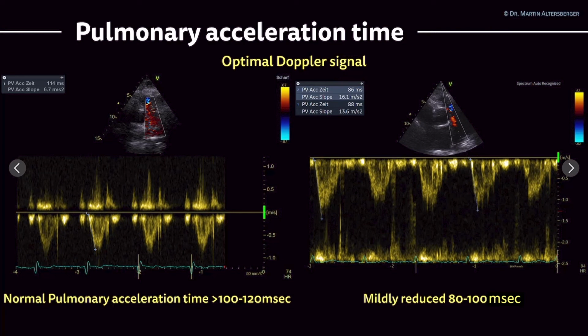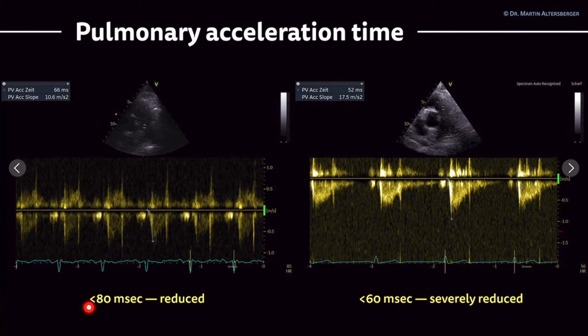What does this tell you? This gives you the information that pulmonary hypertension can be present. If it is more reduced, so below 80 milliseconds, it's definitely reduced. We see here 66 milliseconds, and here it is below 60 milliseconds and is severely reduced. So the shorter the pulmonary acceleration time is, the more likely it is that pulmonary hypertension is present.